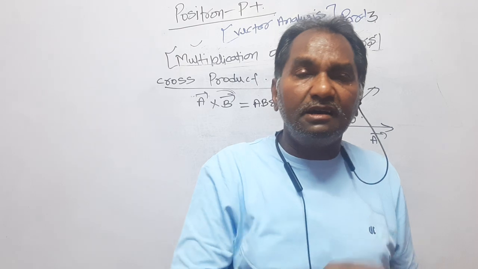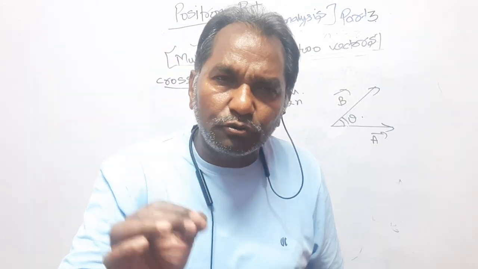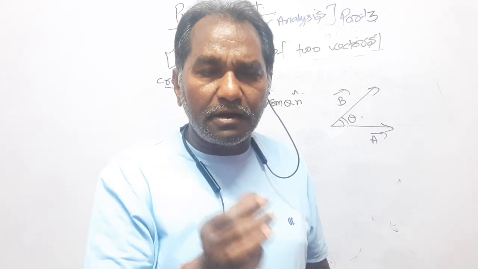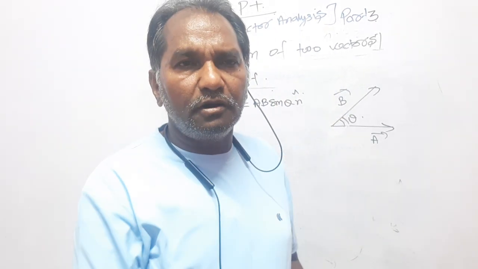So the direction of A cross B is perpendicular to the plane formed by A and B, and also perpendicular to vector A and vector B.